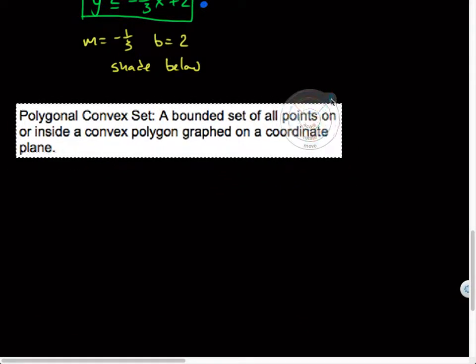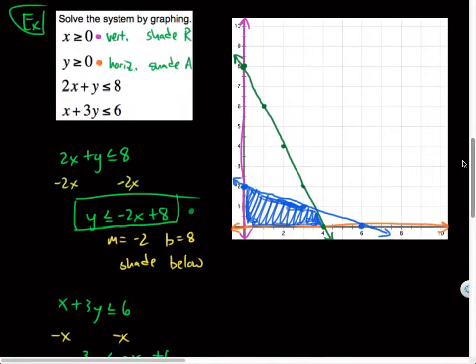You don't have to write that down, but you will see that term show up within your homework. They might say, graph the polygonal convex set, something like that. But that's what they're referring to. It's a little polygon, and it's a set of different inequalities or boundaries or constraints that ended up defining where that occurred. Now, so that is technically how we graph a system of inequalities.